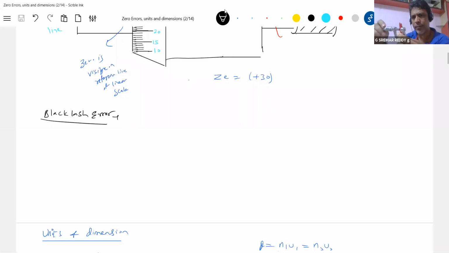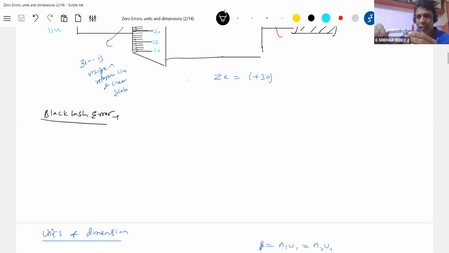Then you should rotate like this. Once both the studs come in contact with the object, you get a tuck tuck sound. You have to stop rotating, then take the reading.